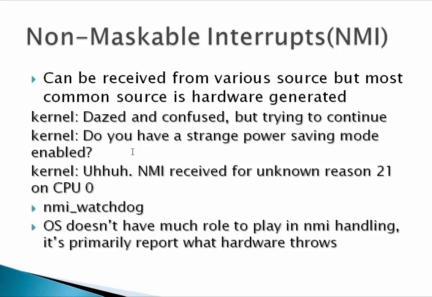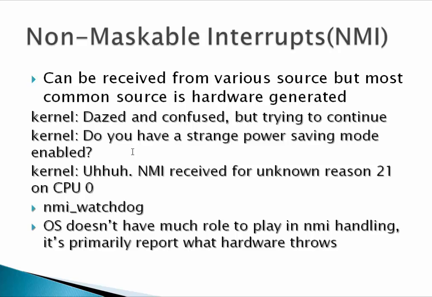The task of the OS is primarily to report whatever the hardware throws at it. The kernel is able to interpret the reason for some NMIs, and the normal behavior is to log it and attempt to continue normal operation.